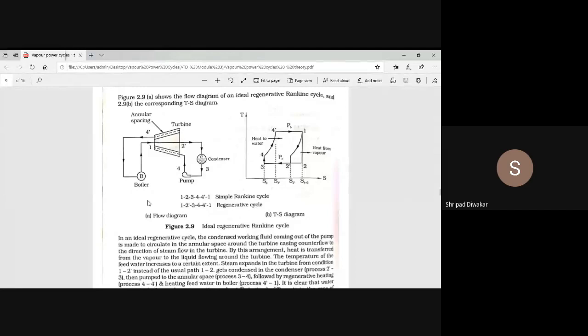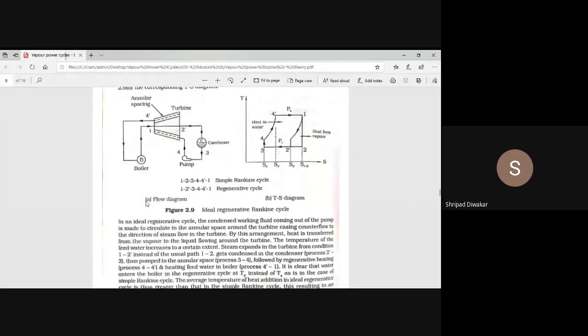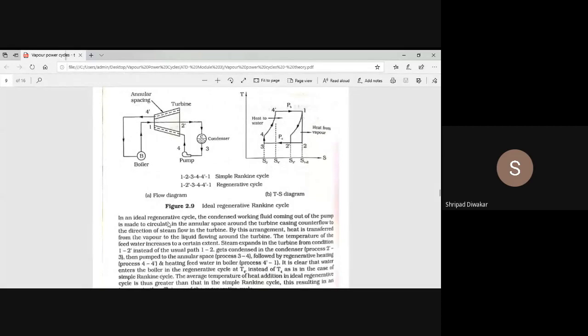Now I explain the working principle of the ideal regenerative cycle. You know condensation happens in the condenser, where the vapor phase is converted into the liquid phase.